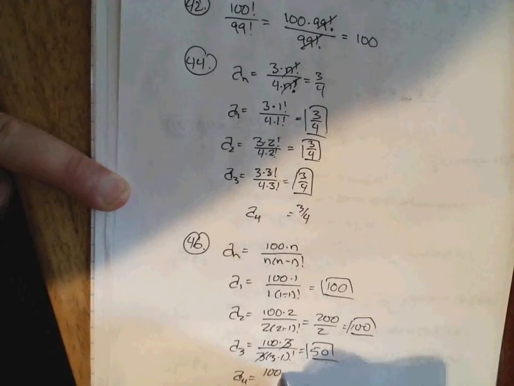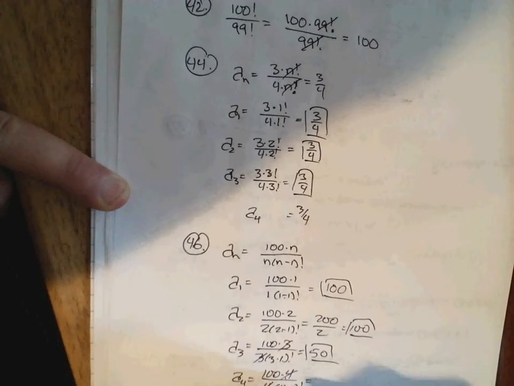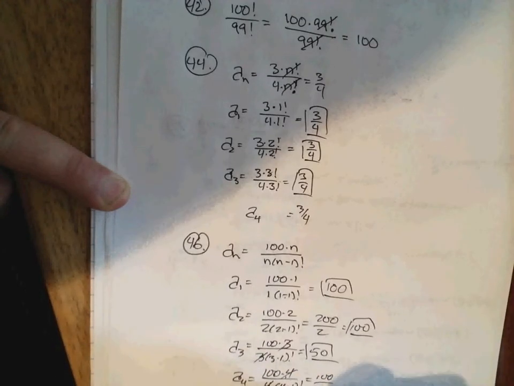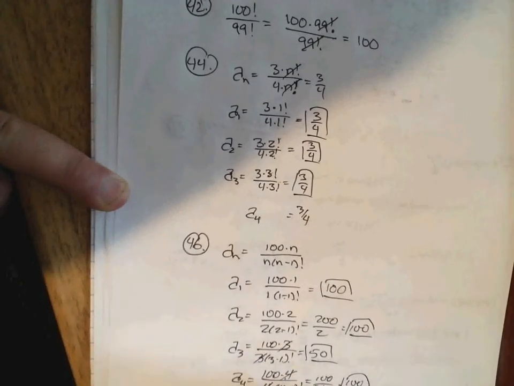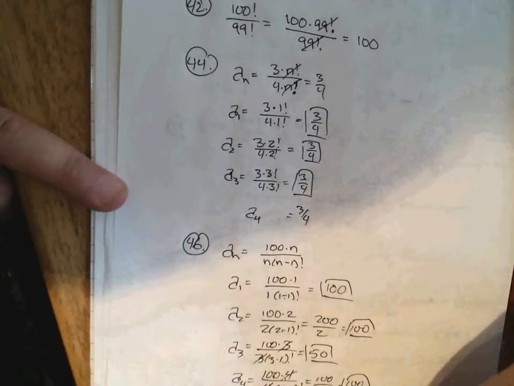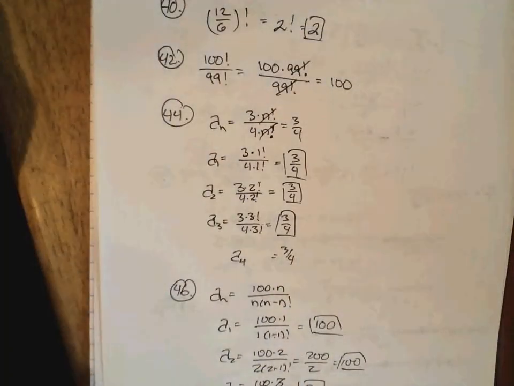So 100 over 2 factorial. 100 over 2 is 50. A sub 4, 100 times 4 over 4 times 4 minus 1 factorial. That's, again, cancel the 4's. That's 100 over 3 factorial. That's 100 over 6. And there you go. You've got the first 4 terms. Okay?